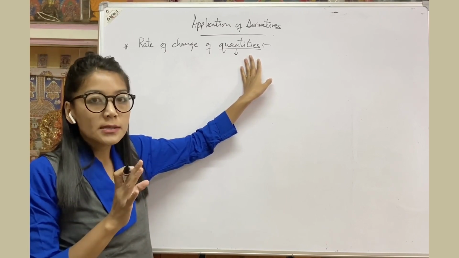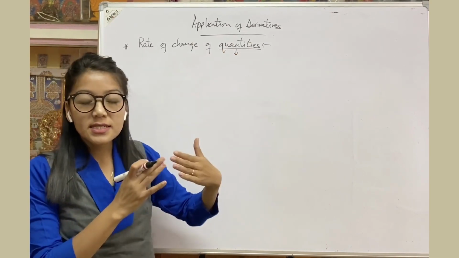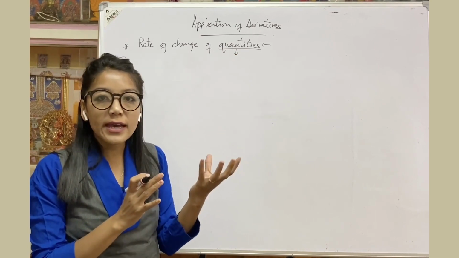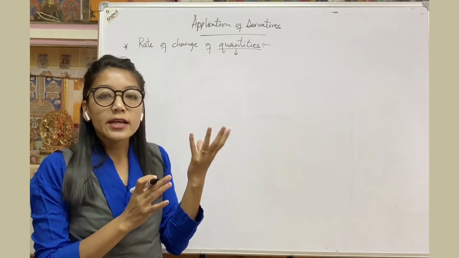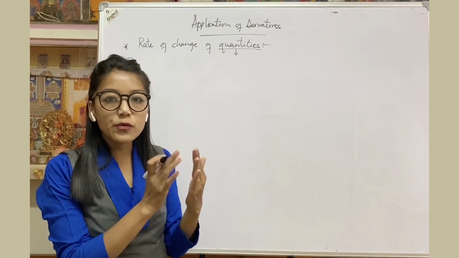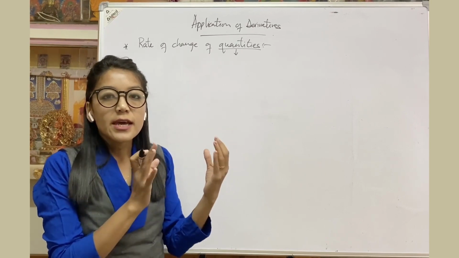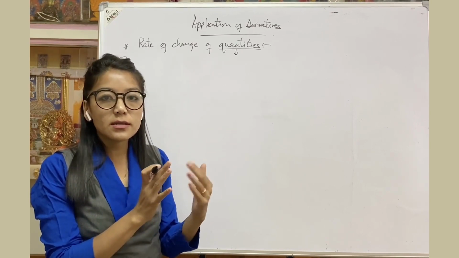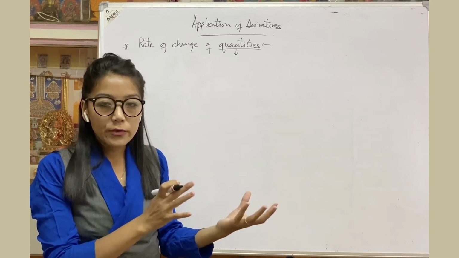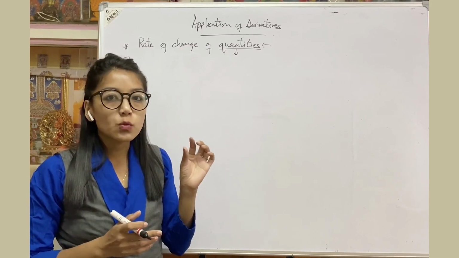So we find all these quantities and see their rate of change, because if I take a circle and its area, then we know the area of the circle depends on the radius. If you increase the radius, the area will increase. If you decrease the radius, the area will decrease. So area depends on radius. Generally we take our function as y in terms of x.